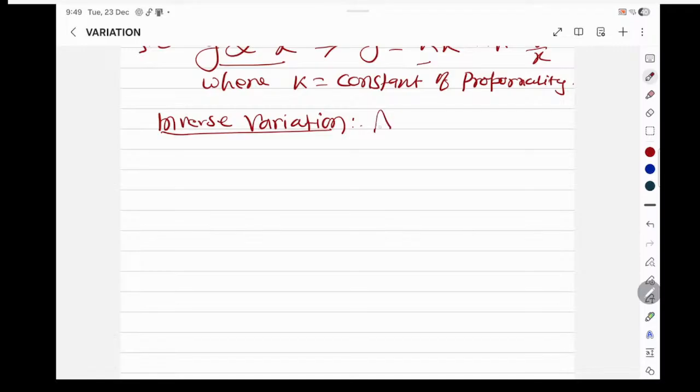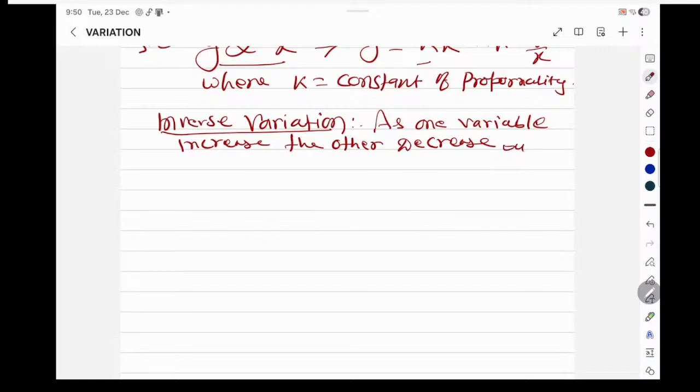As one variable increases, the other decreases. That is called inverse variation.